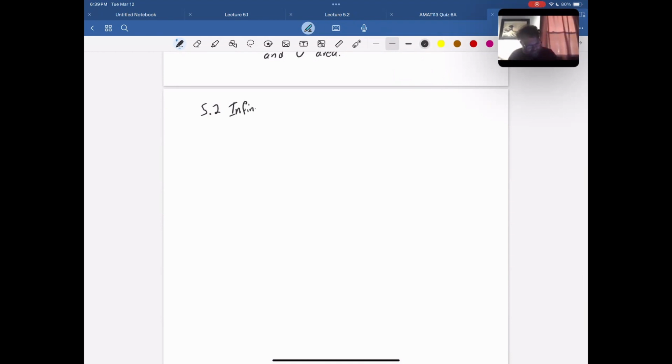So this is infinite series. Basically, what you want is to add up the terms of a sequence.